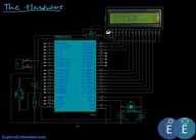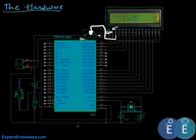The first pin is ground, the second pin is VCC, the third pin is the contrast. As you could see, this is connected to a pot, and for the pot, as you could trace here, this pin is ground and this pin is 5 volts. So when you vary the contrast between 0 to 5 volts, the contrast of the LCD varies.